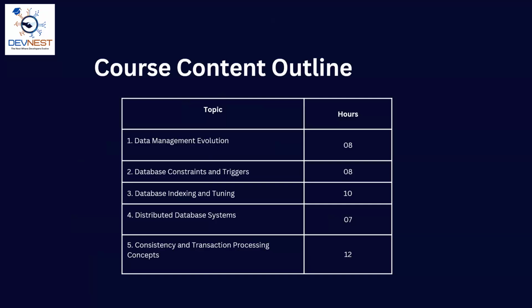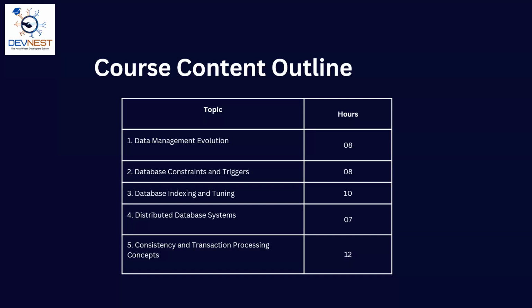The next chapter will take 10 hours. The next chapter will take 7 hours. So totally 45 hours to learn. That is the tuition hours, academic hours. You also have independent study hours.